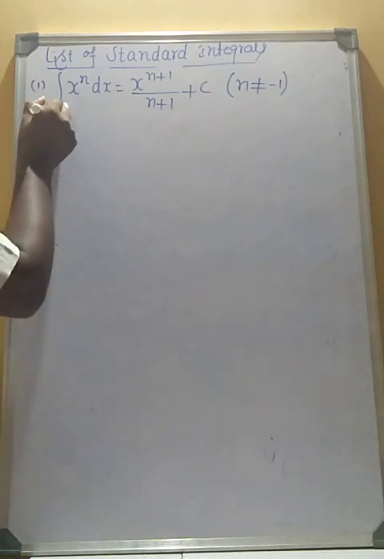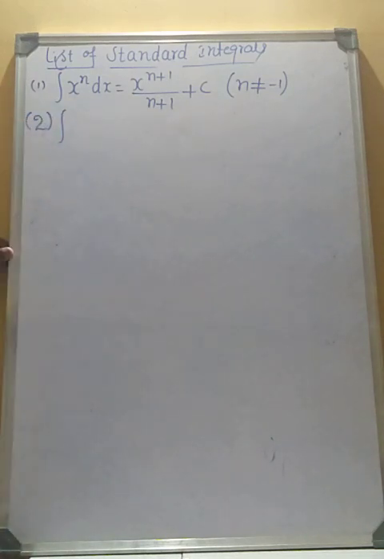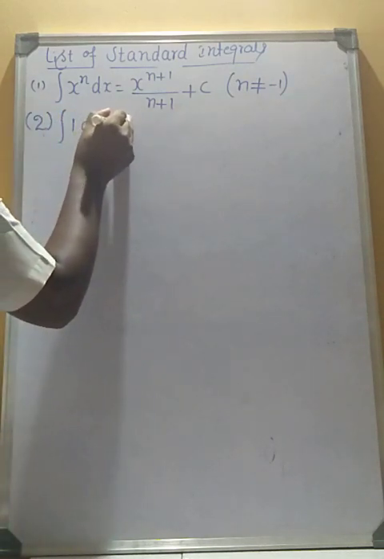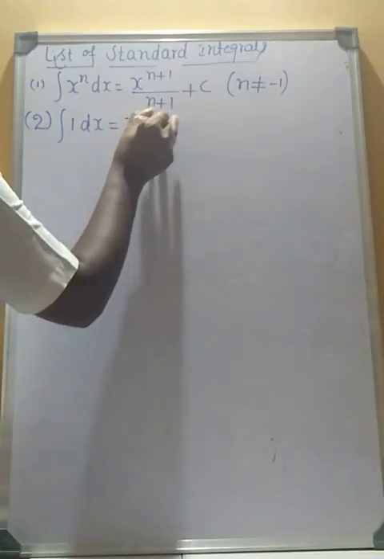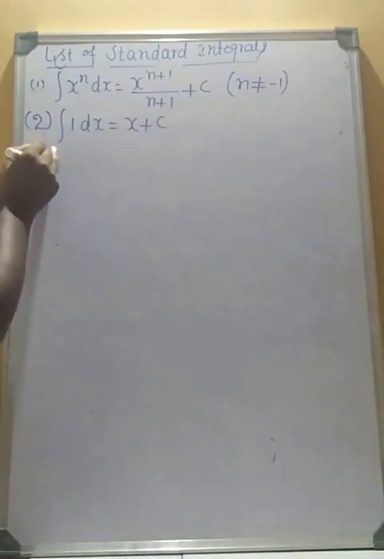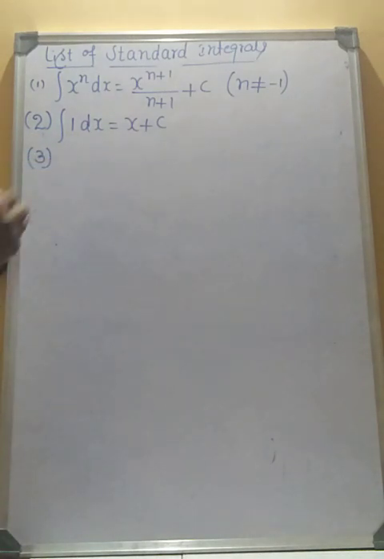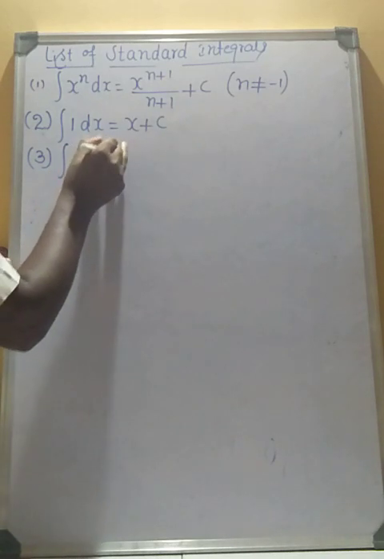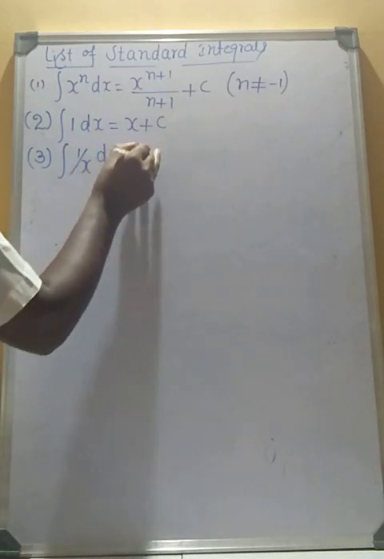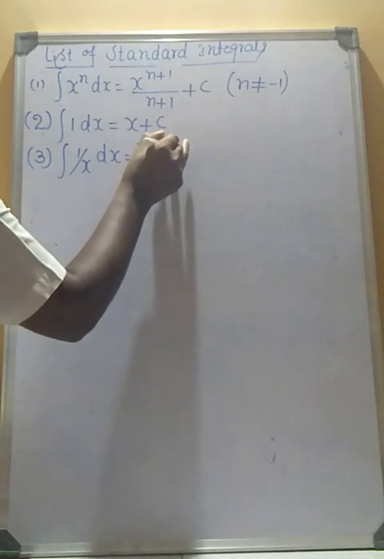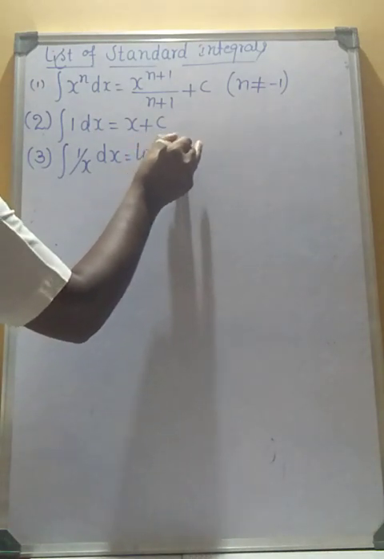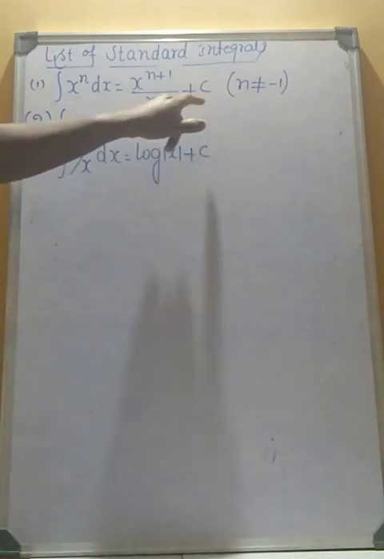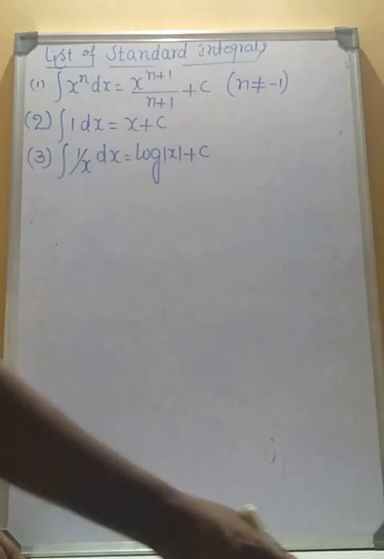Second one, integral of 1 into dx or dx is equal to x plus c. Third one, integral of 1 by x into dx is equal to log mod x or log x plus c, where c is a constant of integration.